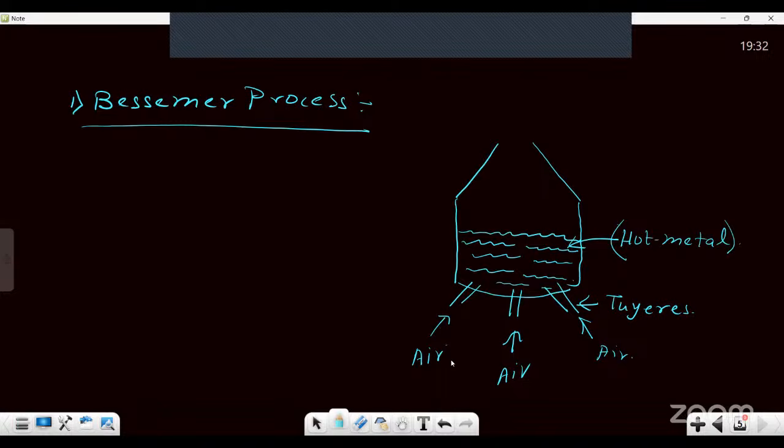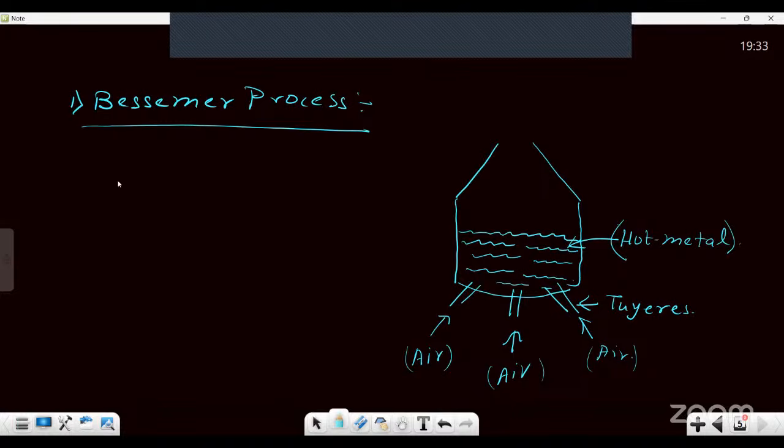Obviously, air has oxygen. So the oxygen of the air is going to oxidize the carbon and other elements like silicon, manganese, phosphorus. All these things will eventually get oxidized inside the converter in the Bessemer process.